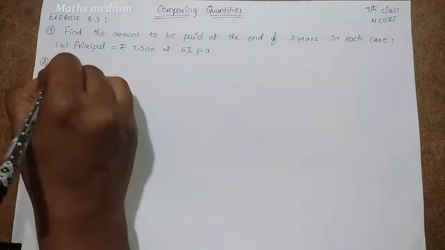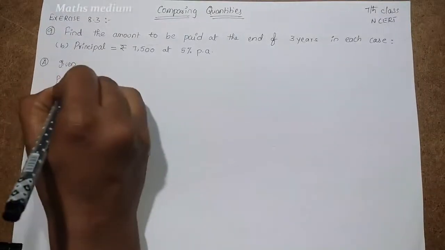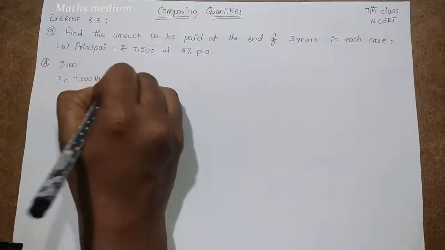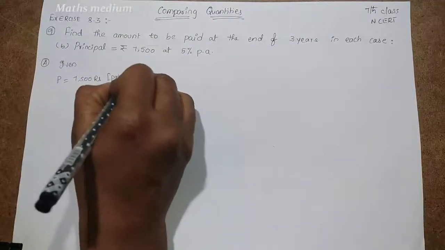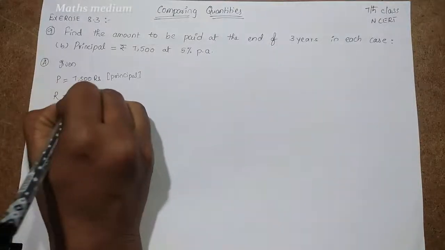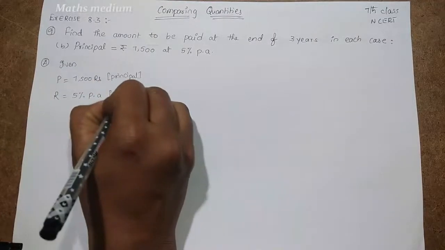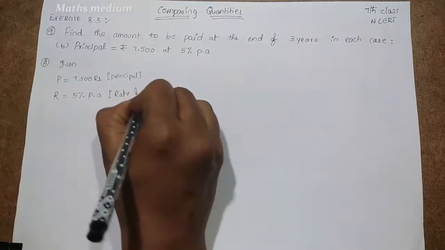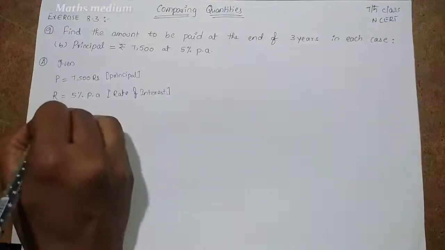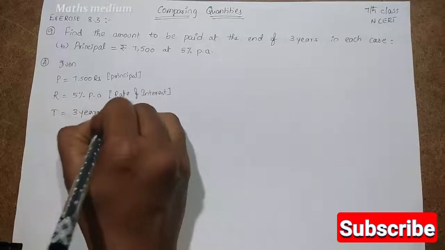So let's start. Given: P is equal to 7,500 rupees, that is principal. Next, R is equal to 5% per annum, that is rate of interest, and time is given as 3 years.